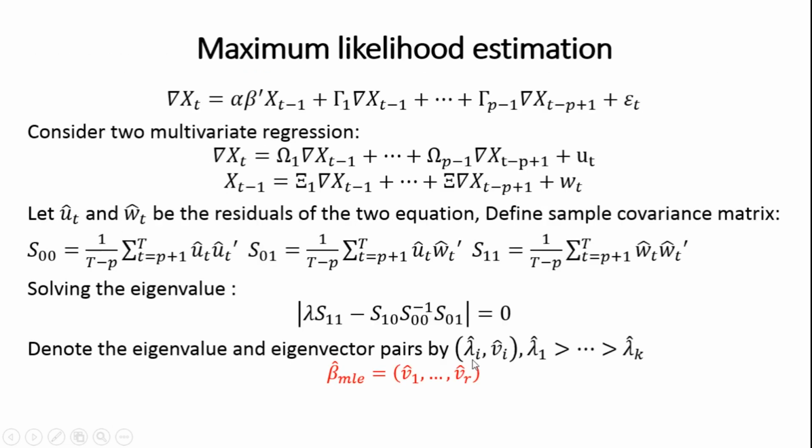So for maximum likelihood estimation, we consider two multivariate regressions. The first is the differenced regression, the relationship between the differenced vector and lags up to order p minus 1, and we have the estimate of the lagged vector as a function of the differenced lagged vectors.